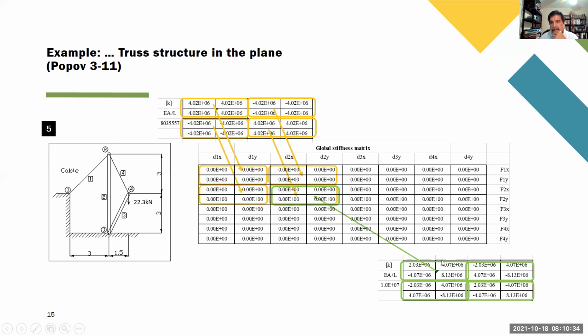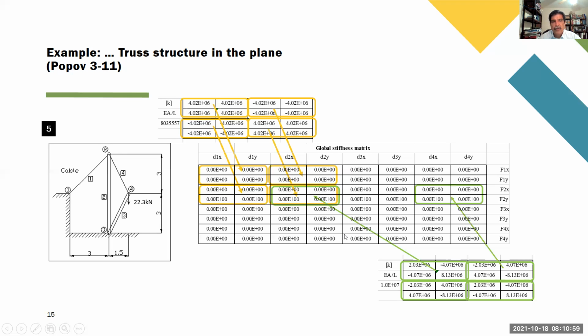Now, this relates to element two. Element two goes from 2 to 3, right? From here to here. So the first rows express the required external force for the equilibrium of the second joint.